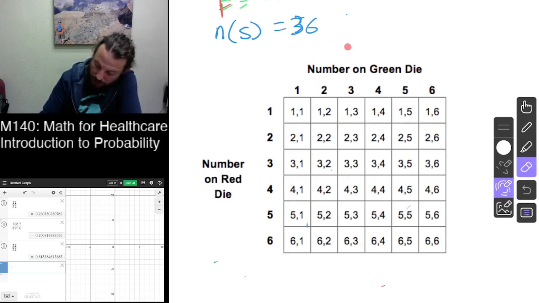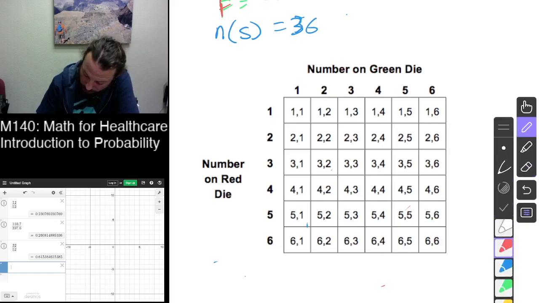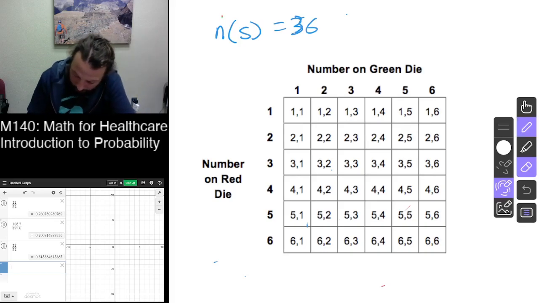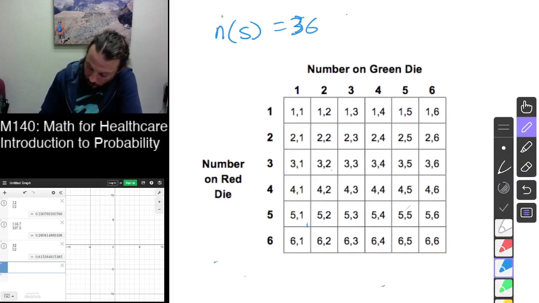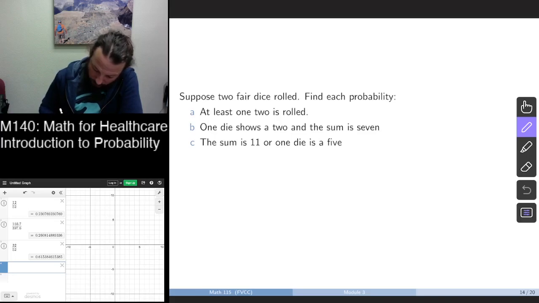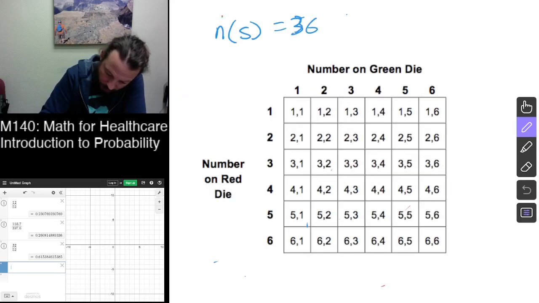Still the same sample space, still 2 fair dice. The sum is 11, or one die is a 5. So let's let E be a 5 and F be the sum is 11.